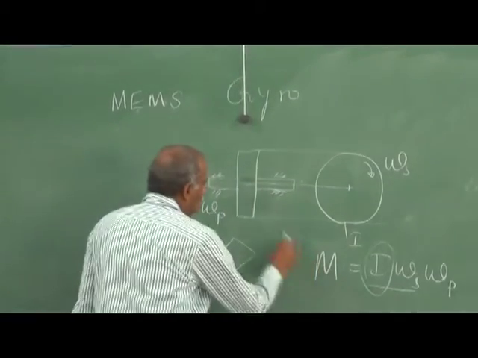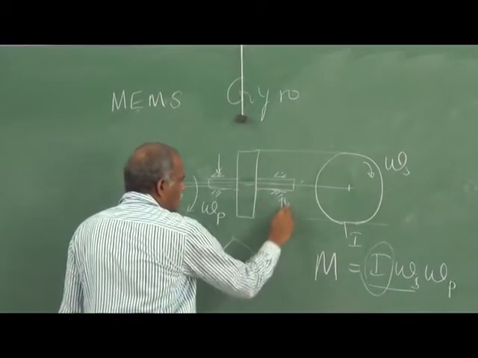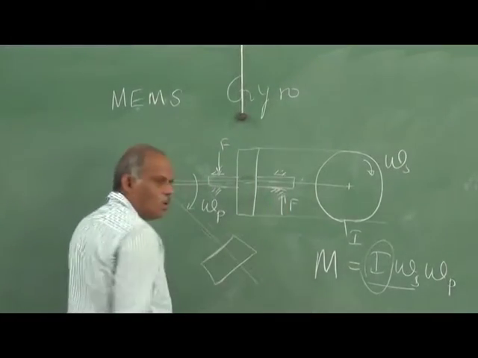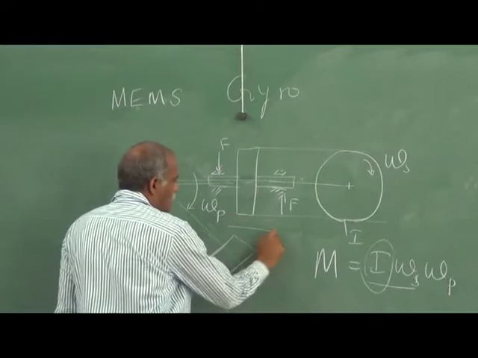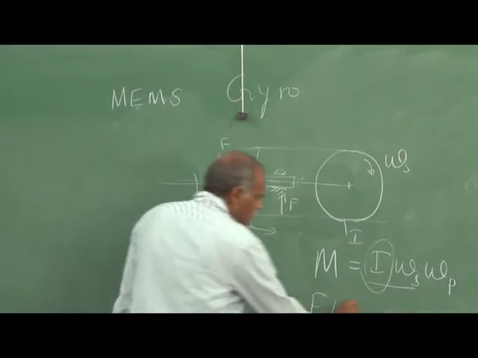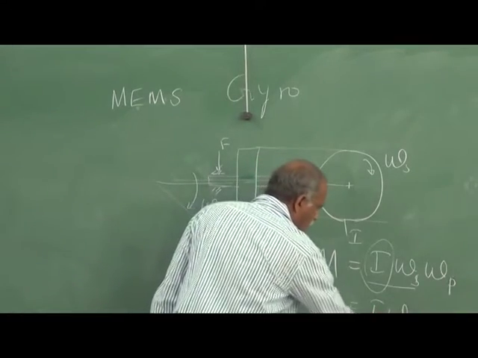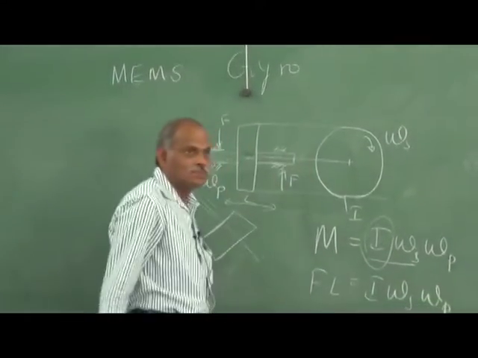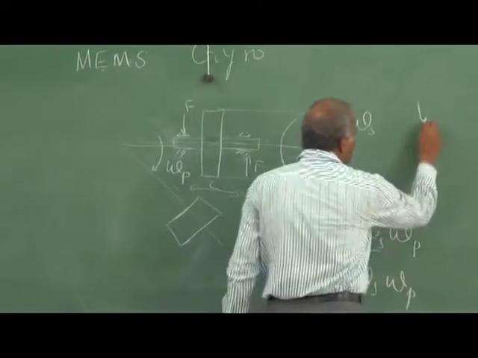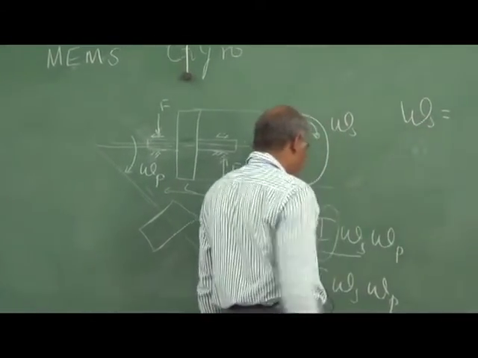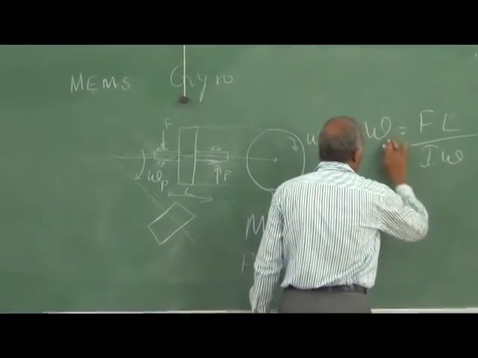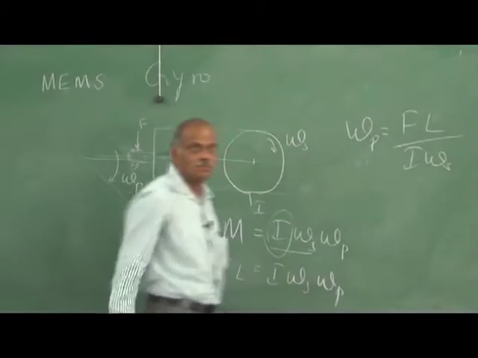Then if you measure the reactions in the bearings, and the distance is known, say L, F into L, that is the moment, is given by I omega s omega p. And the rate at which the whole thing is precessed is given by F L divided by I omega s.